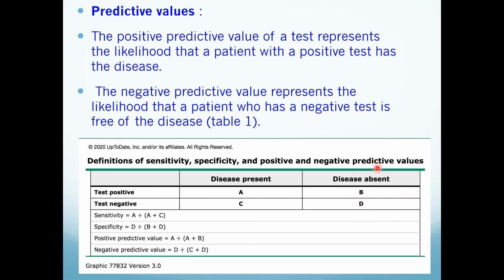The test will not give me a positive result in a patient who is negative. If you use a sensitive test, you can use it for screening, but a specific test is for diagnosis. A test with high sensitivity and high specificity is considered a good test, because it can be used both for screening and for diagnosis.